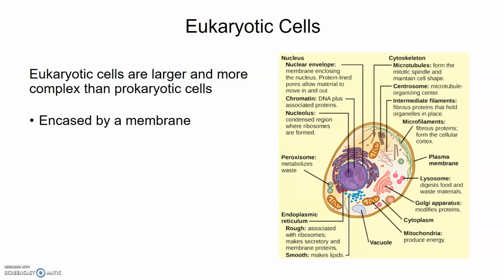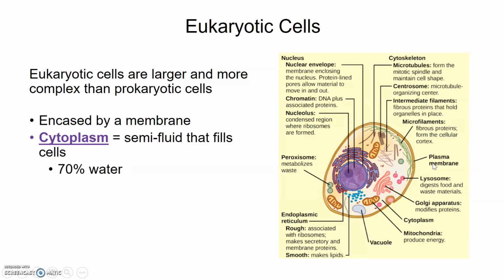And so a eukaryotic cell is encased by a membrane, which you can see here in orange is the plasma membrane. But then inside of that membrane, the cell is filled with what's called cytoplasm, or the cytosol. And cytoplasm is a semi-fluid, kind of like a gel that fills up the cells.